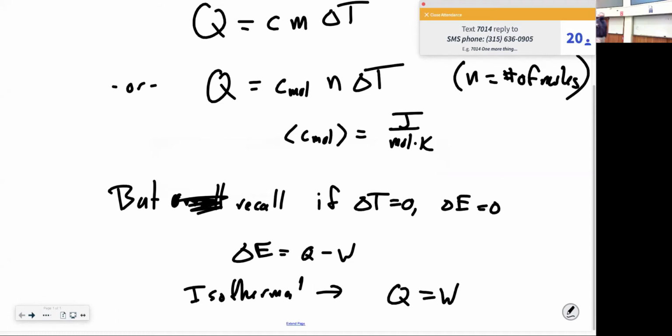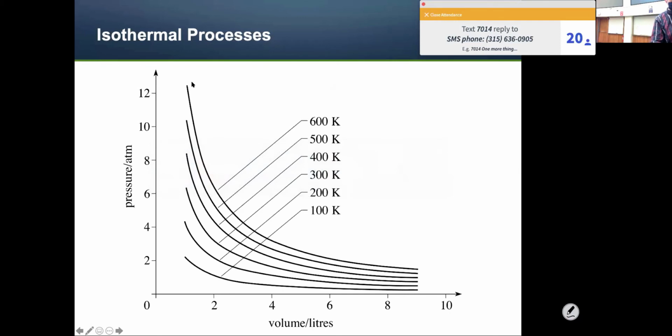Let's go back and look at that transition we were just thinking about. You start here and you change to go all the way, let's make it extreme, all the way out here to the other end. What is true of W for that transition? The work done as the volume has gotten bigger. Is it positive, negative, or 0?